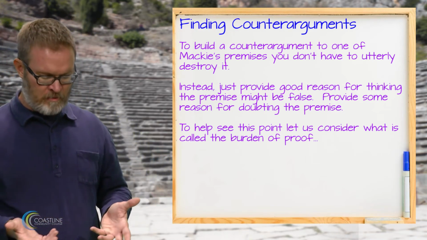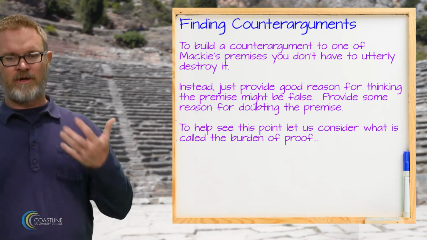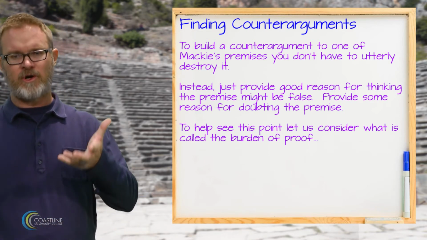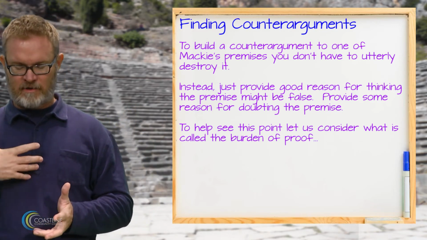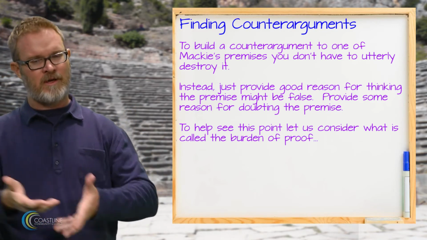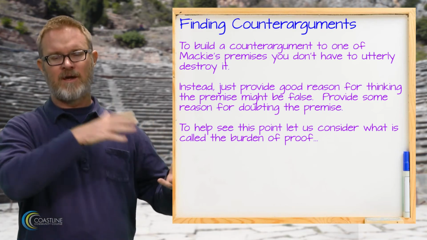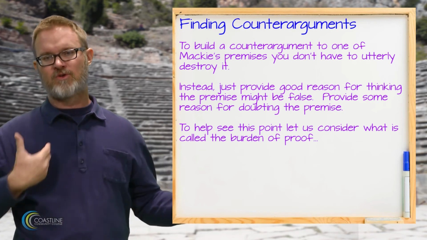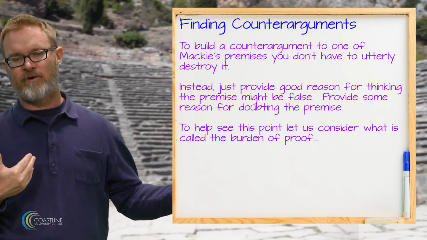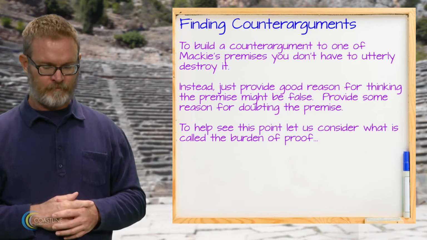And what that essentially means is that the burden is on me to try to respond to Mackey. And then the way it works is that once I've given an adequate response to Mackey, the burden then shifts back to Mackey, and then he has to respond to my objection, my counter argument. Okay?